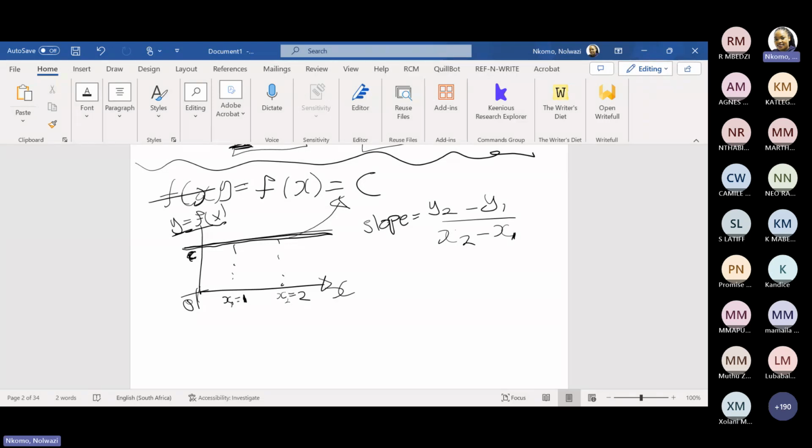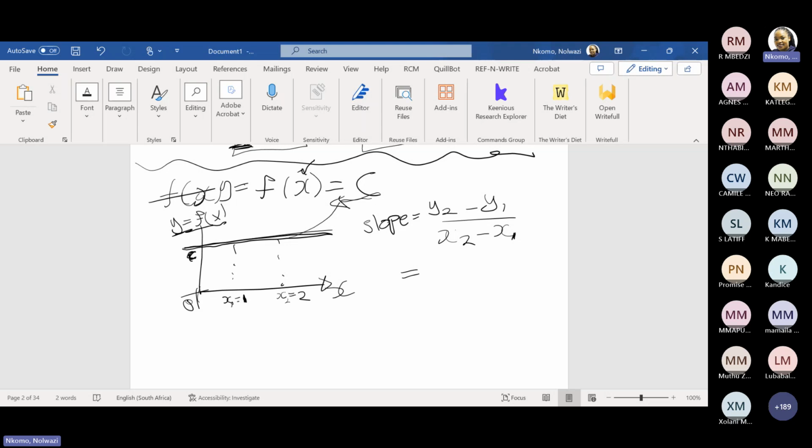Okay, let's find the corresponding values for x equals 1 and x equals 2. If we substitute 1 here, we have c, right? Since it's just a constant, if we substitute 1 where there is x, we'll have that constant.